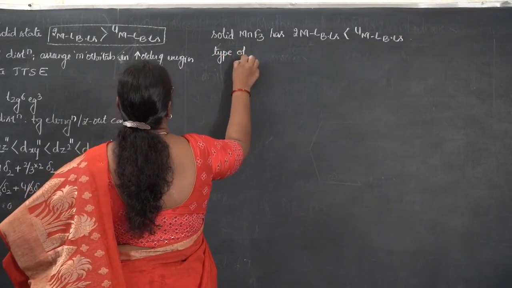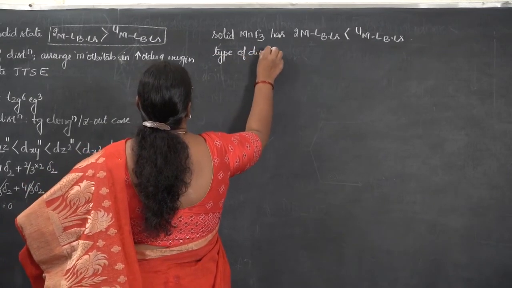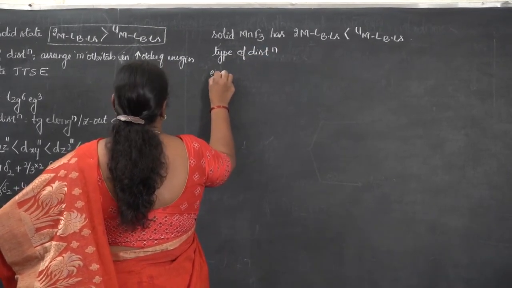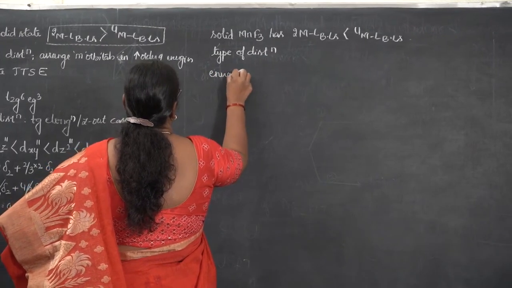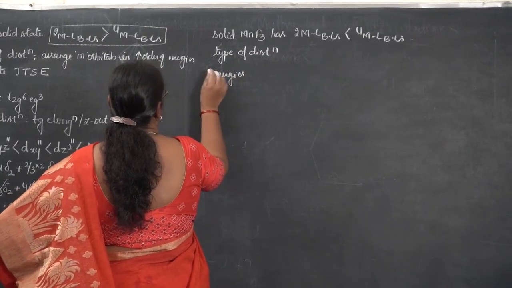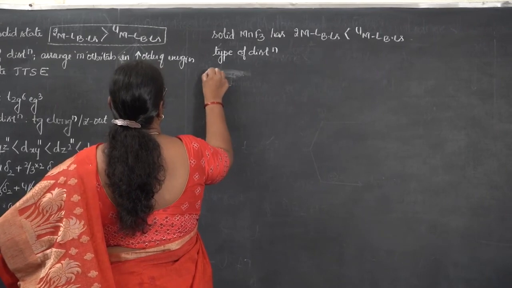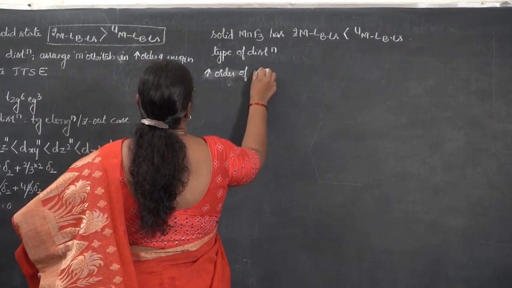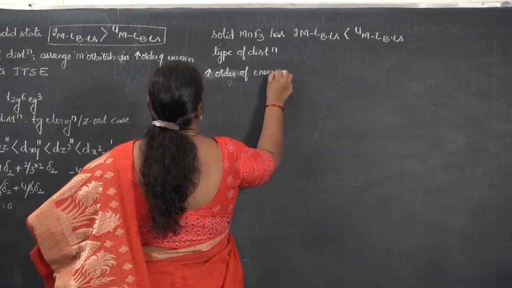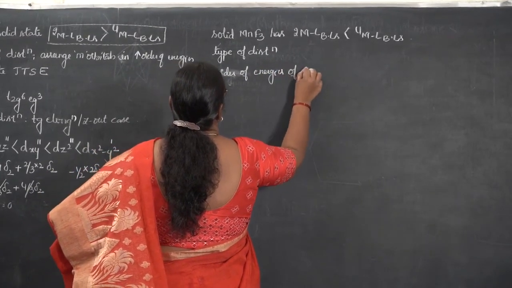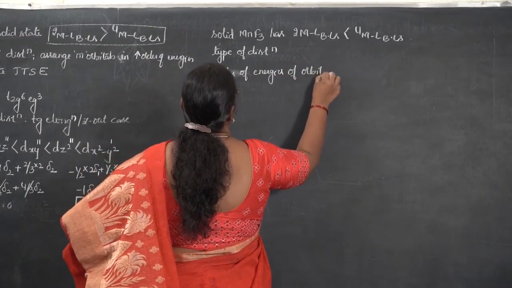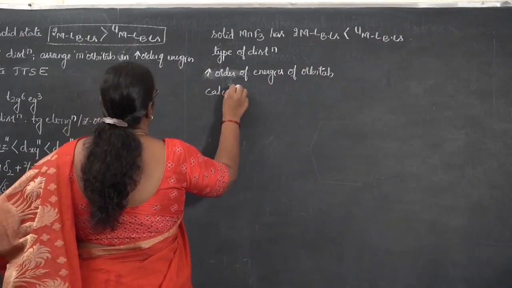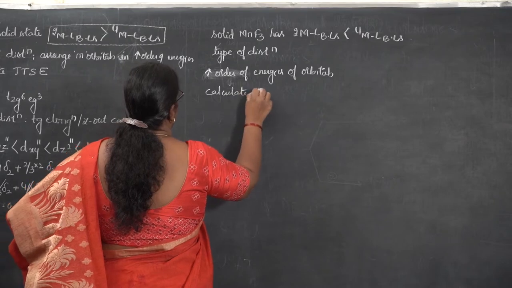You should identify the type of distortion, arrange the orbitals in the increasing order of energies of orbitals, and calculate Jahn-Teller stabilization energy.